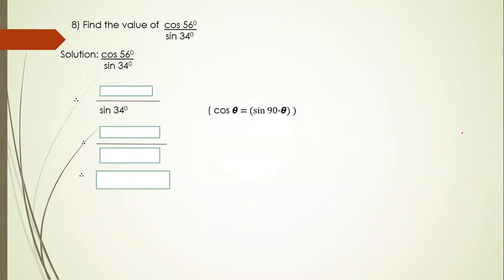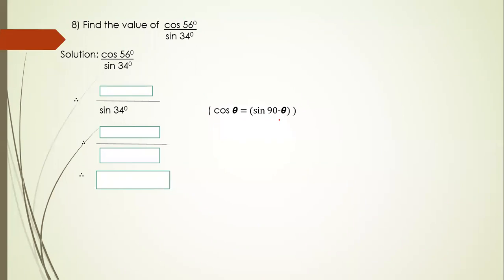First one, cos 56 degree upon sin 34 degree. Always begin your answer with whatever is given to us. Okay. Now, in the reason they have given us one formula, that is cos theta equal to sin 90 minus theta.